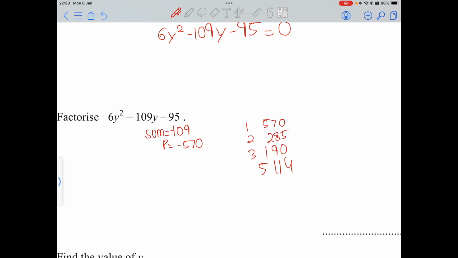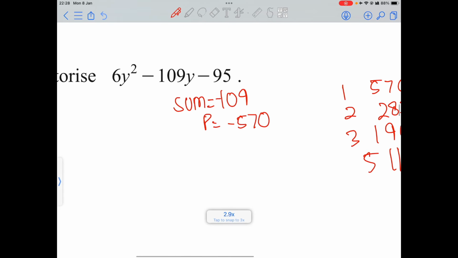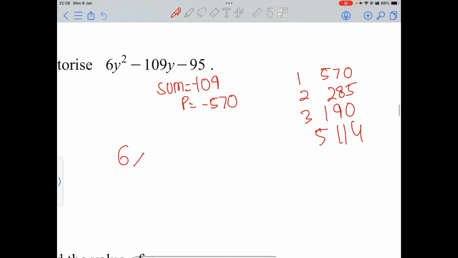Yes, 5 and 114 have a difference of 109. So negative 114 plus 5 gives you negative 109, and negative 114 times 5 gives you negative 570. So 6y squared minus 114y plus 5y minus 95 equals 0.